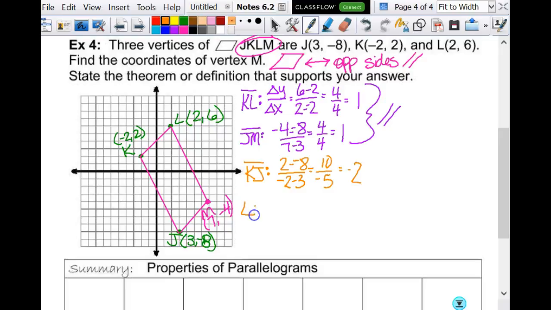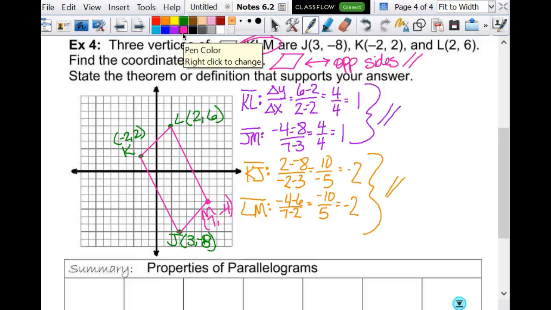And then LM, which is going to be -4 minus 6 over 7 minus 2. That's -10 over 5, which is also a -2. So I've just shown that these are parallel, which is why I get to say that makes it a parallelogram.